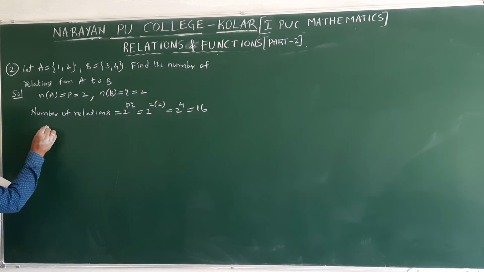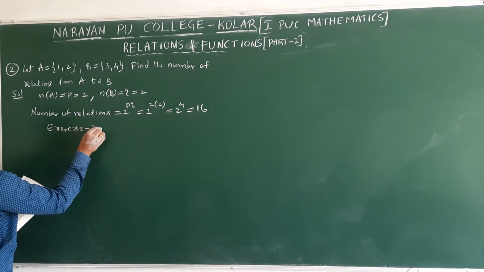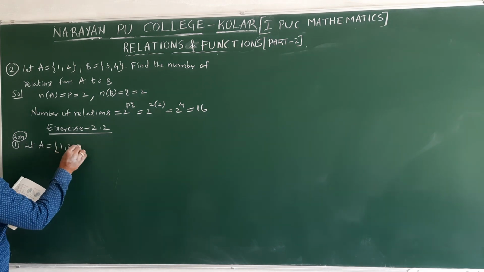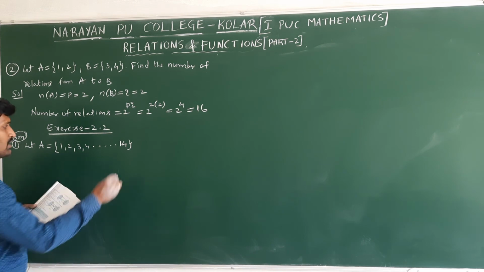Now next exercise 2.2. First question, important for 3 marks. Let capital A equal to the set of 1, 2, 3, 4 and so on up to 14.